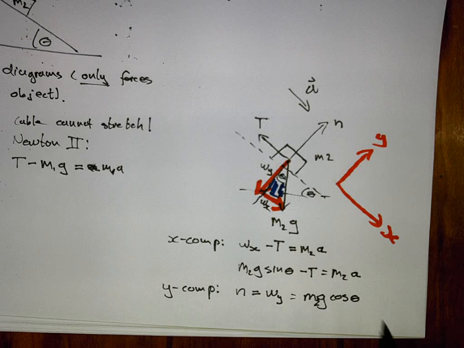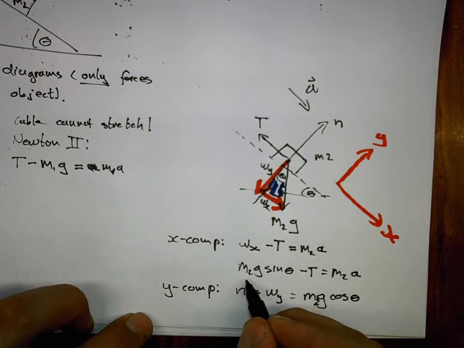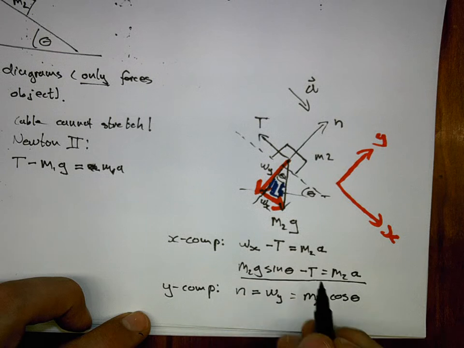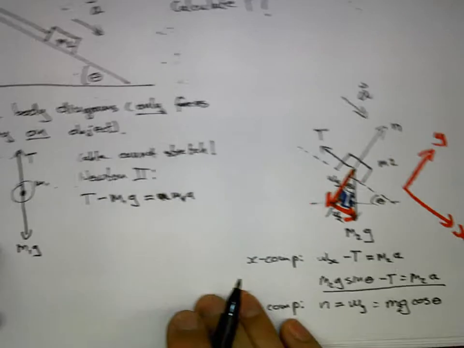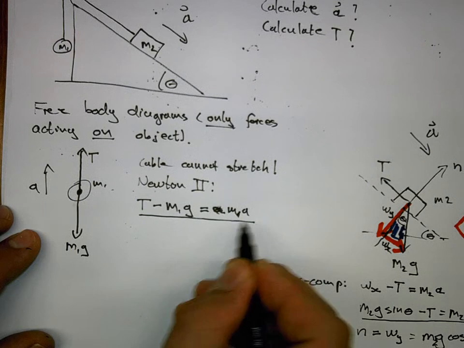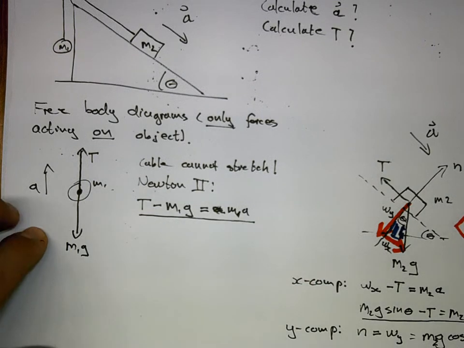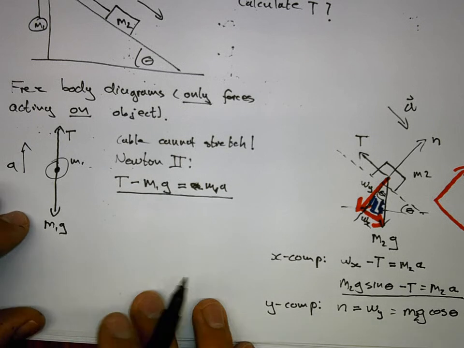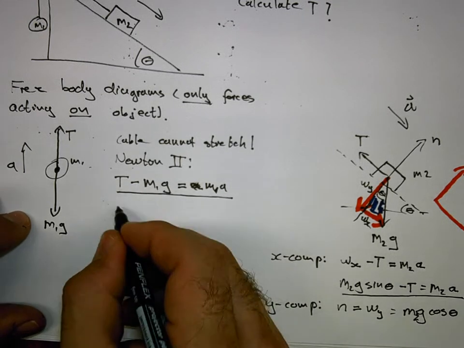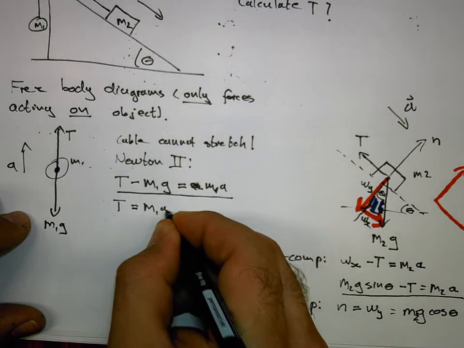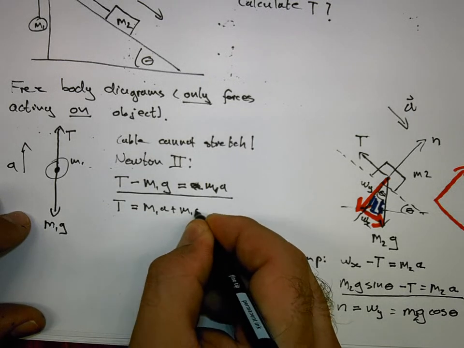So if you look at this, we've got one equation in terms of the tension and the acceleration, and for the other object we had an equation in terms of the tension and the acceleration. So we can now eliminate the tension. If we write this in terms of tension, we've got tension is equal to m1a plus m1g.